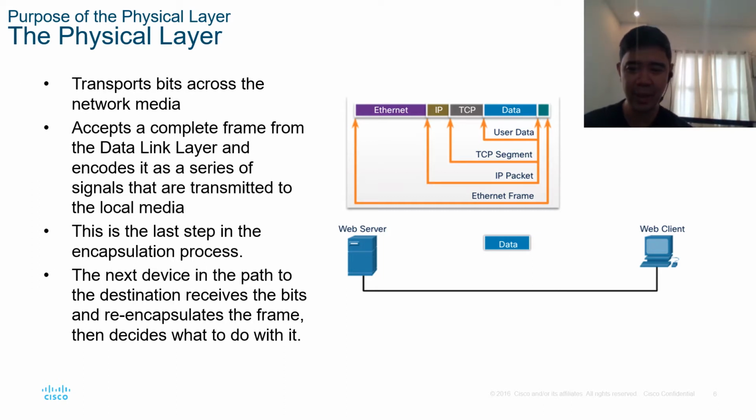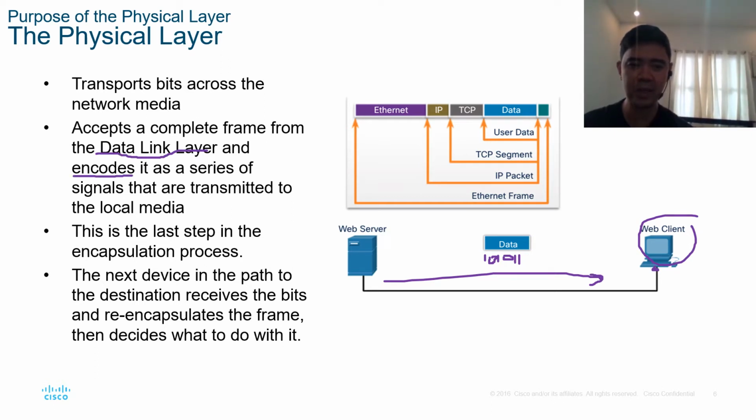Let's say on this side of our web client, there's data that flows from the server going to the web client. So again, there are ones and zeros, streams of ones and zeros. These are our data. So the moment the web client receives this, the specific component that receives it is the LAN card. As we mentioned in Module 3, it is a component of the data link layer. What it will do is to encode.